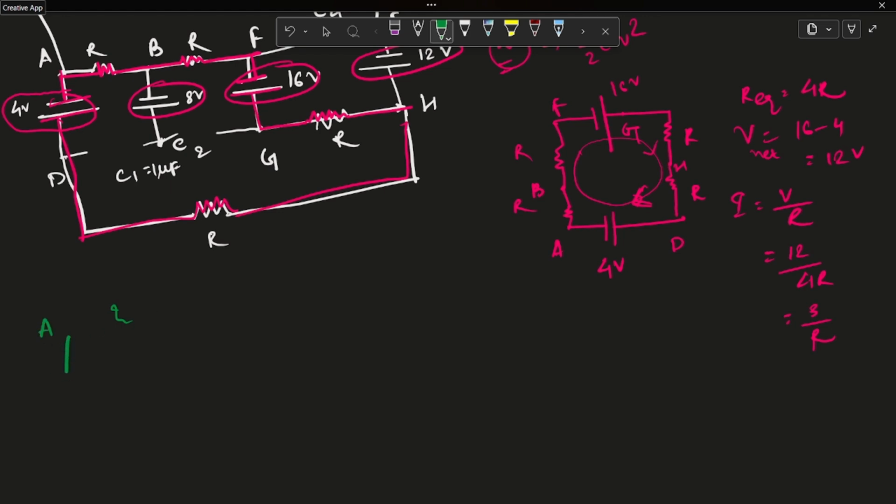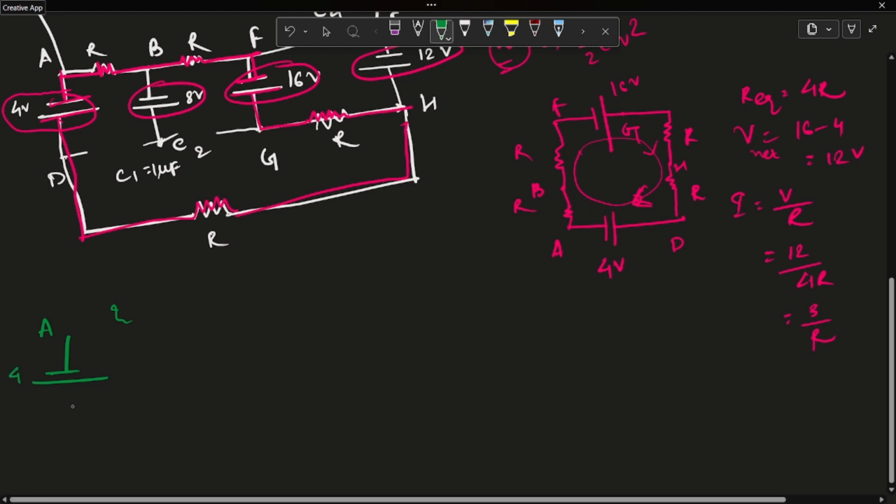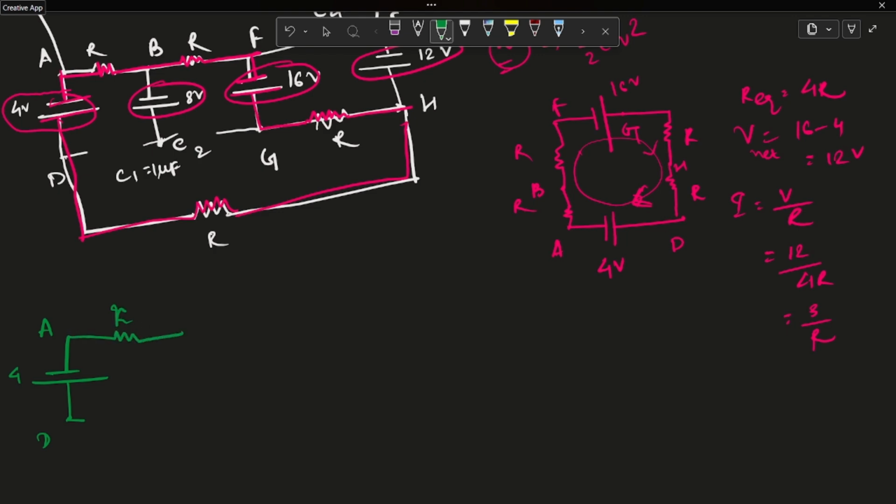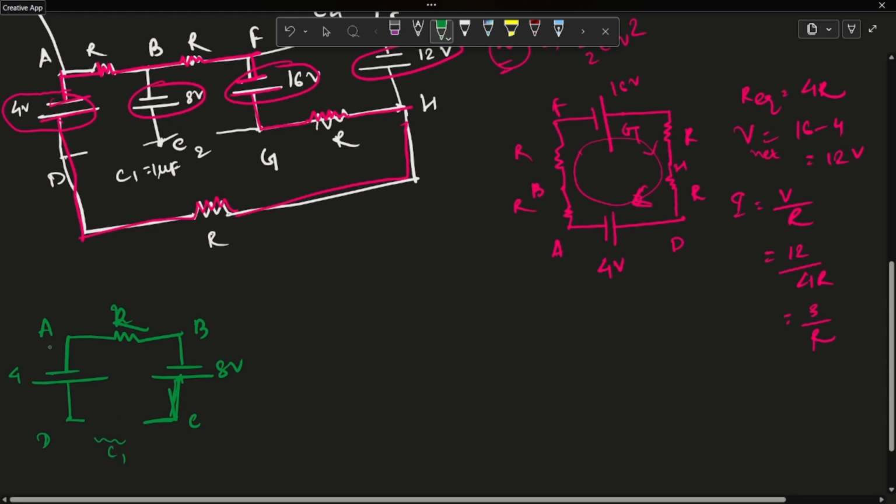This is A, this is 4 volt, this is D, this is resistor R, this is B, this is the 8 volt battery, this point is C. Here is the capacitor C1. So I am now writing KVL.